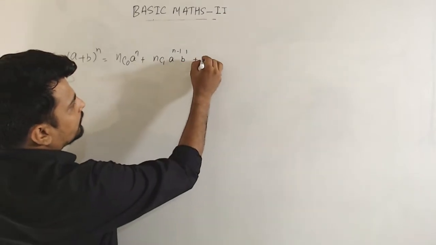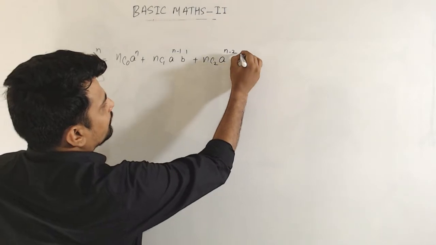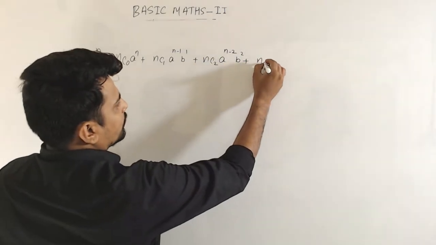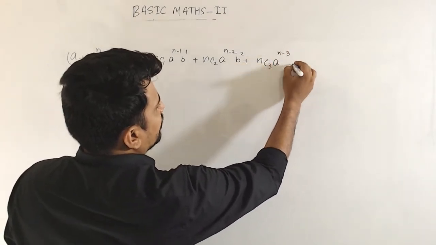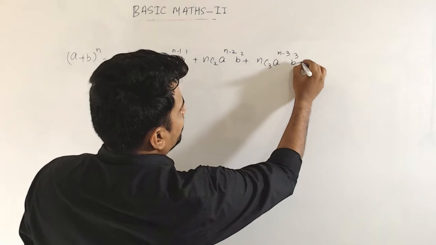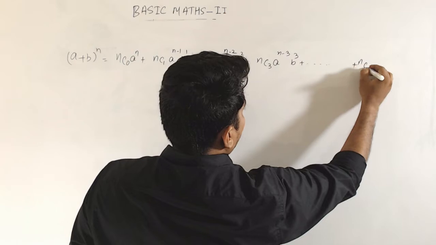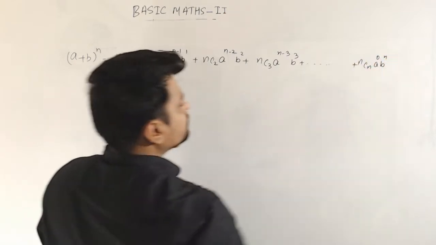The next term is nC2 a to the power of n minus 2 and b to the power of 2. Going forward, one more term: nC3 a raised to the power of n minus 3 and b raised to the power of 3, plus so on till we reach nCn a to the power of 0 and b to the power of n.